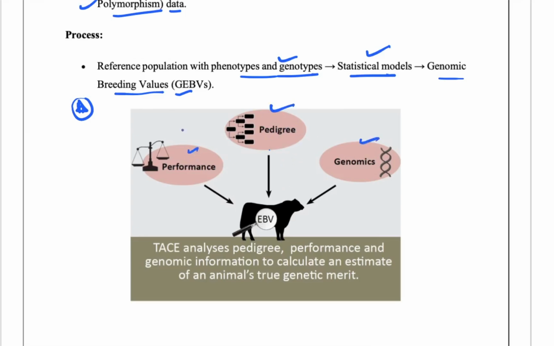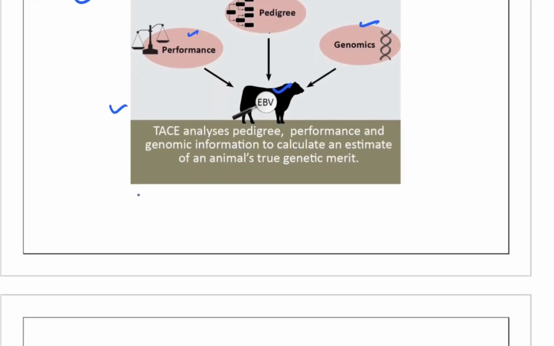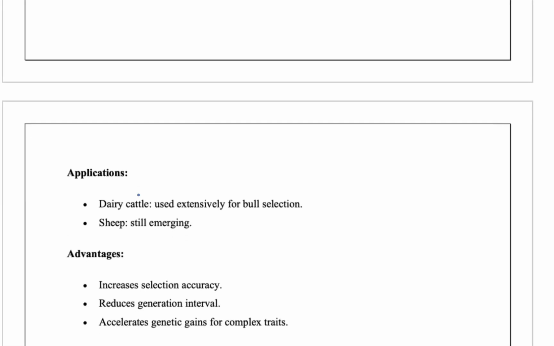Genomics and performance, all these collectively give you one thing, that is the genomic breeding value, right? This breeding value is analyzed, and based on that you select your organism for going further.